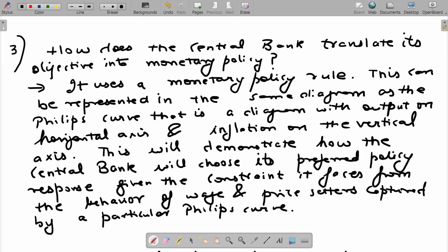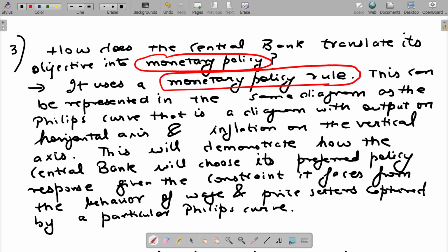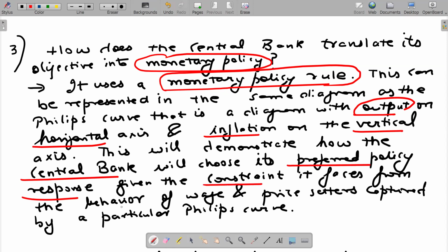So how is the central bank going to translate its objectives into designing a monetary policy? It is going to use a monetary policy rule. The rule will be drawn in the output-inflation space, where output is measured on the horizontal axis and inflation on the vertical axis. It is going to demonstrate how the central bank chooses its preferred policy response, given the constraint it faces from the wage setters and price setters, captured by a given Phillips curve.